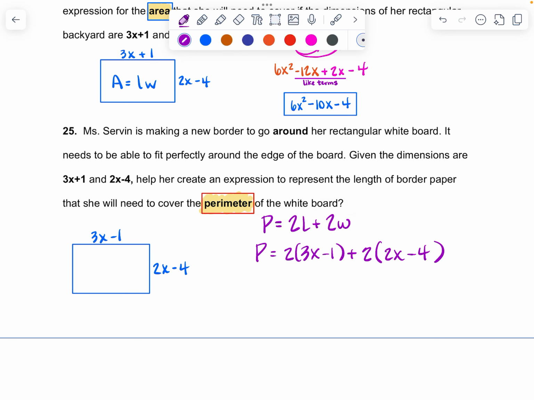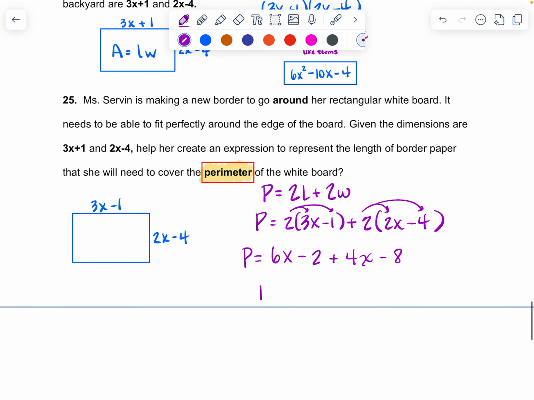So we're going to get 6x minus 2, right, when we distribute the 2 multiplier, plus, when we distribute the 2, we're going to get 4x's minus 8, which makes sense, right? Because if you add up all the sides, that's what we're going to get.